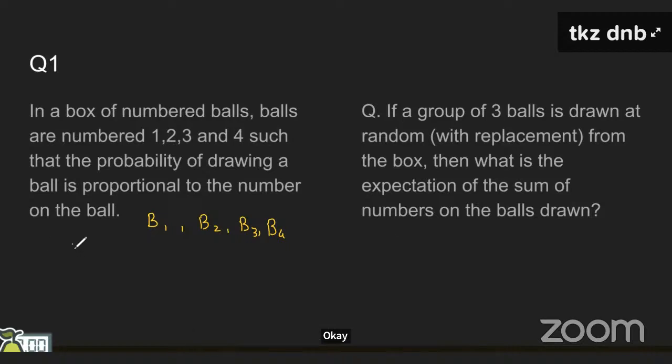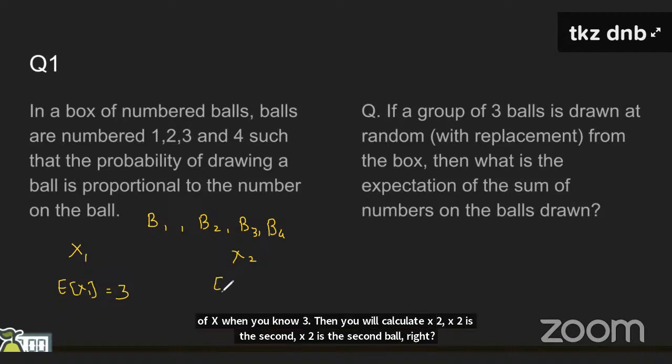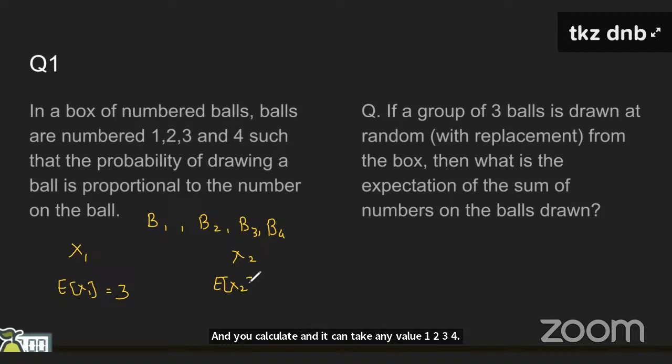For that, we will first calculate, let's say, the first ball. The first ball can take any value 1, 2, 3, 4, right? For that you will calculate the expectation of x1, which you know is 3. Then you will calculate x2, the second ball. It can take any value 1, 2, 3, 4, so the expectation of x2 is again 3.